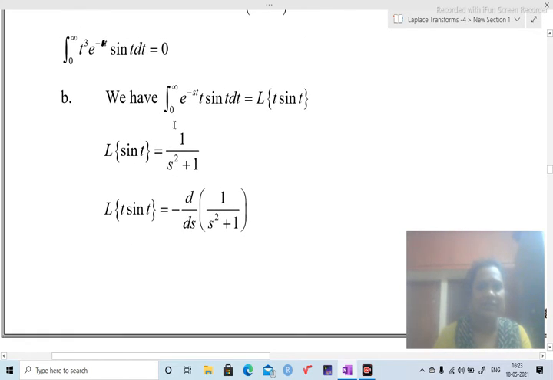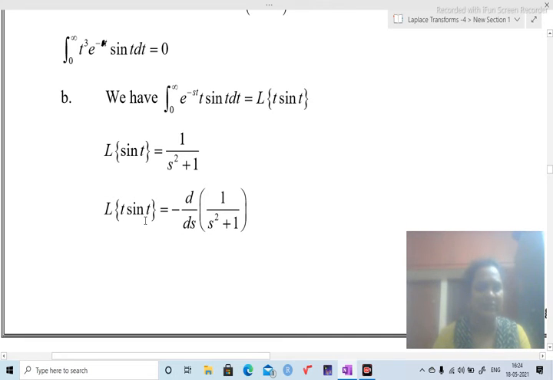Second question. Integration from 0 to infinity of e power minus st t sin t dt equals L of t sin t. This can be written as the Laplace transform of t sin t. I already know the Laplace transform of sin t is 1 by s square plus 1. Here t power is 1 only. That's why one time differentiation.